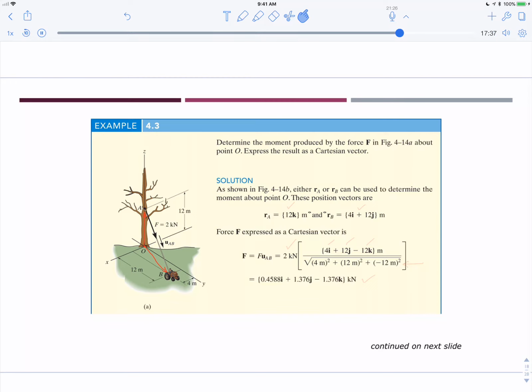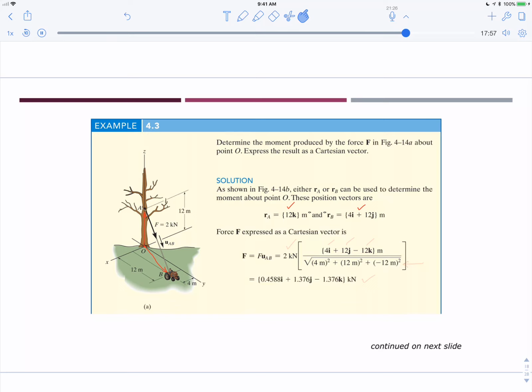In this case, we're going to use RA, I believe. We could also use RB if we want. We'll get the same moment. RA cross F will equal RB cross F, as long as the vector goes from O to anywhere on that line.